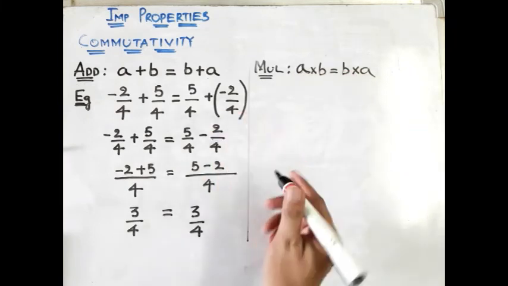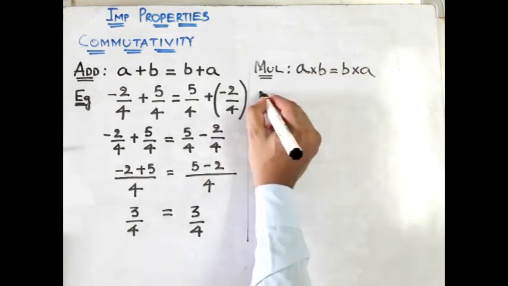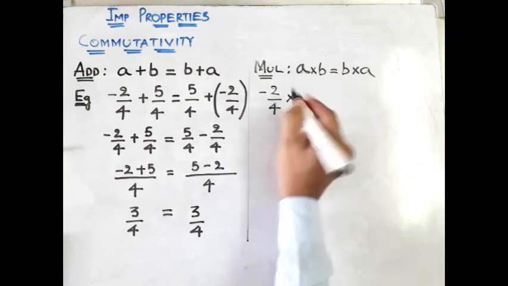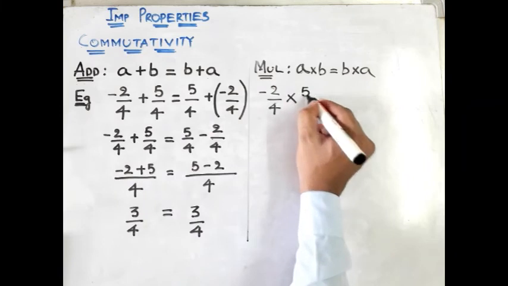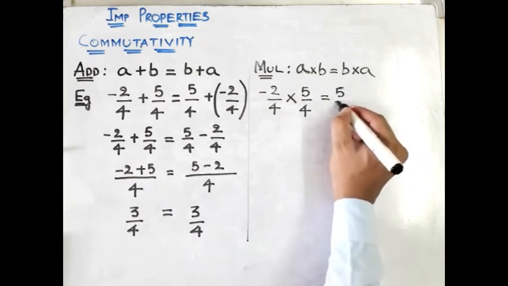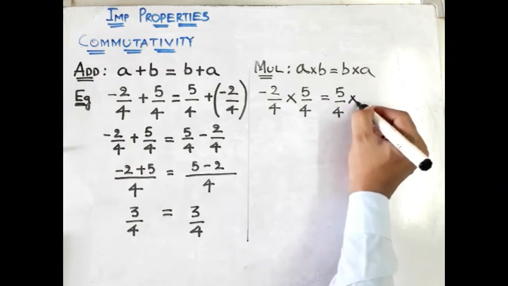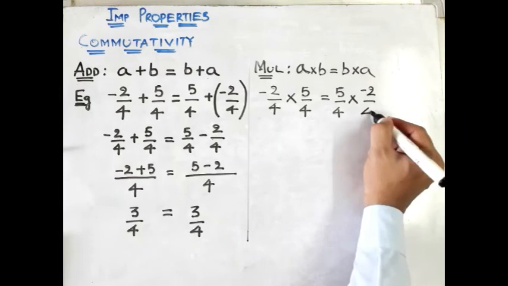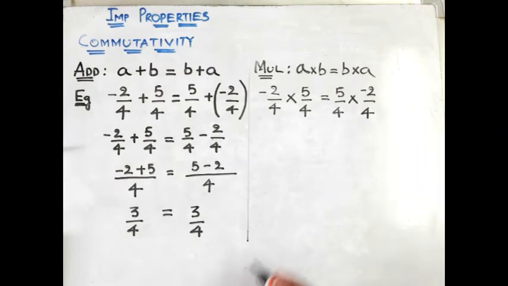Let us check with the same example. So I am taking a as minus 2 by 4 into b as 5 by 4, is equal to b value, 5 by 4, into a value, minus 2 by 4. Please be careful, minus 2 by 4.